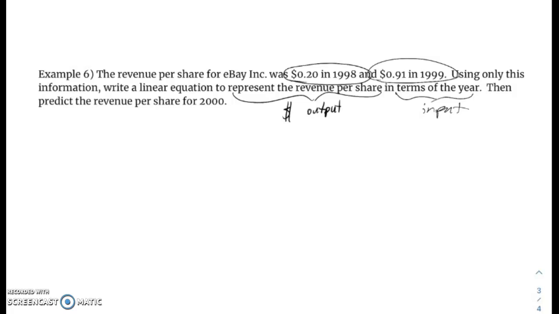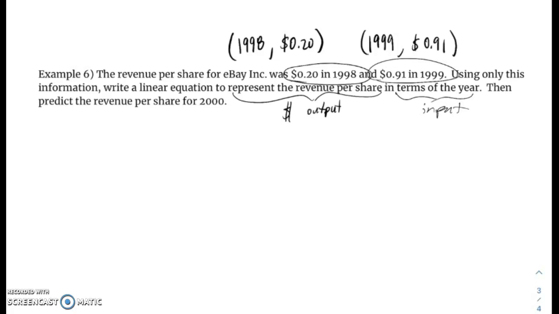So taking the information given, we're going to create ordered pairs out of those. So this would be an input of 1998 with an output of 20 cents. And then we have an input of 1999 with an output of 91 cents.